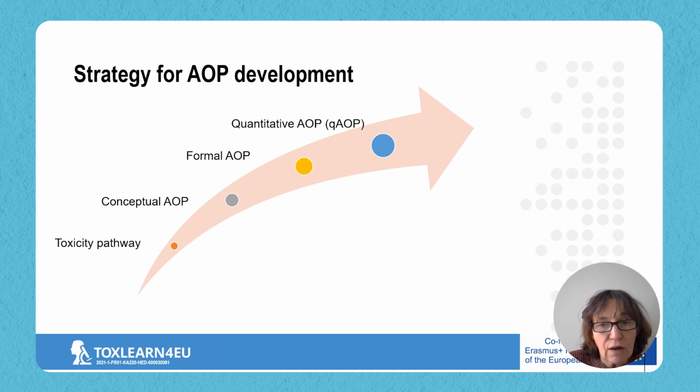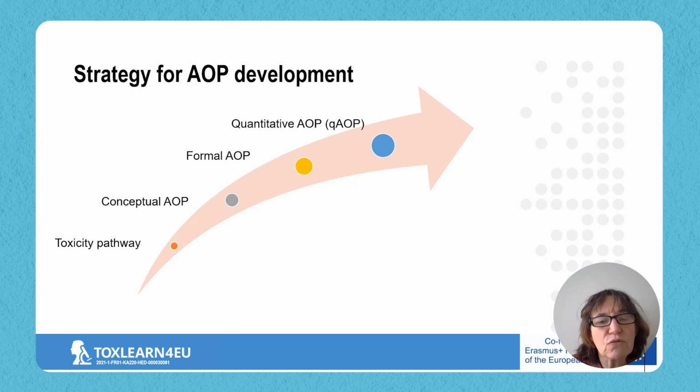The strategy, how will you start? You will start normally by going into the literature and finding a toxicity pathway, whether it's already known or a more conceptual, unknown pathway.